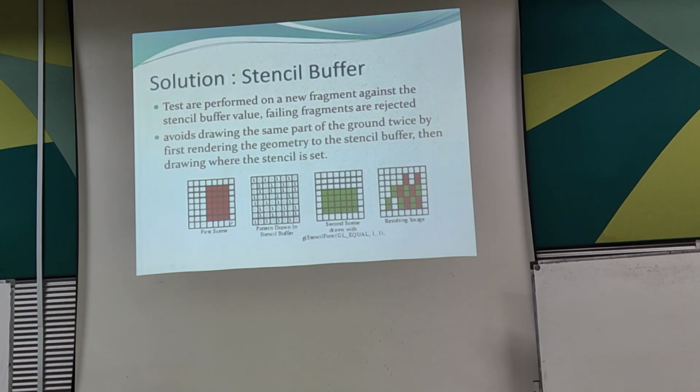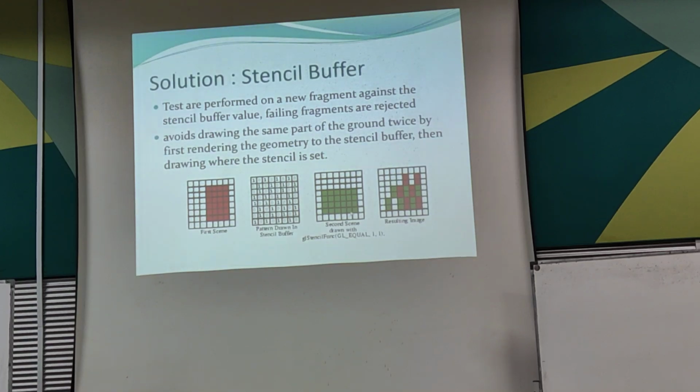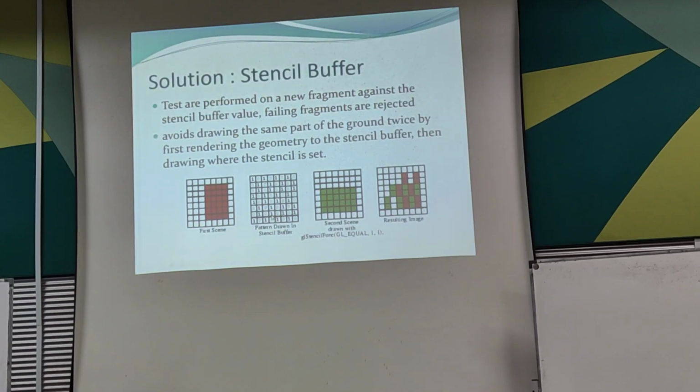You pick one here: for example, here is red color and here is green color. For 0, it will render the red color pixel. And the second one is 1, so if your pattern is 1, then it will render the green color. So red, green, red, green, because 0, 1, 0, 1.